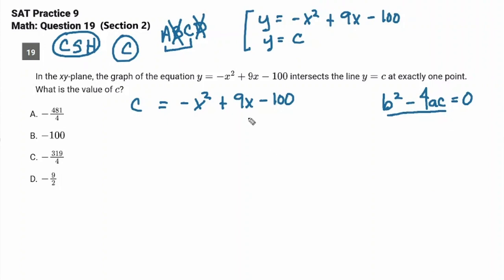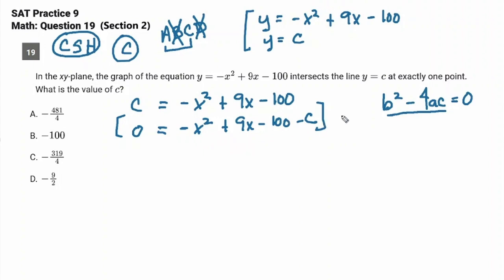Keep that in mind. So when we have quadratic equations, we have to set everything equal to 0. So I'm going to make the left side 0, which means I'm going to move the c across, so it's going to change signs. So I've got negative x squared plus 9x minus 100 minus c. All right, this is really ugly looking. Why? Because I got a negative x squared. I don't want that.